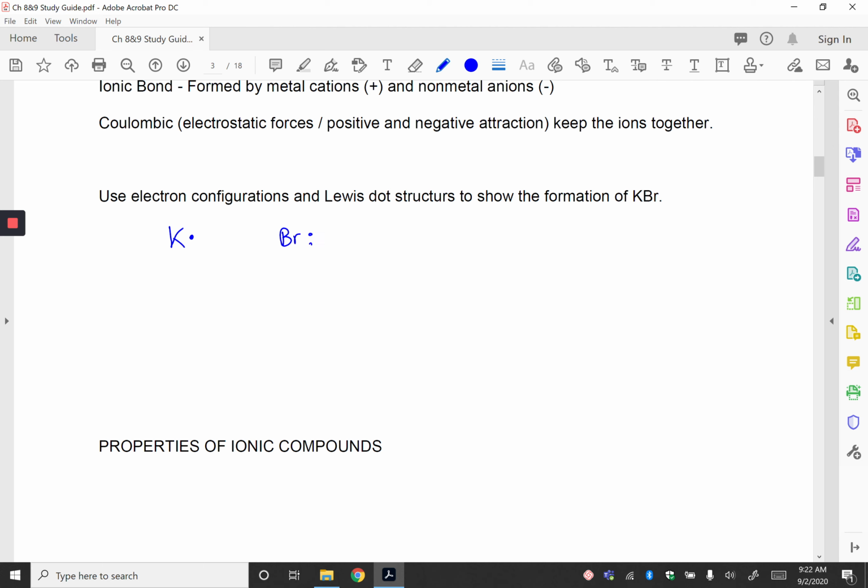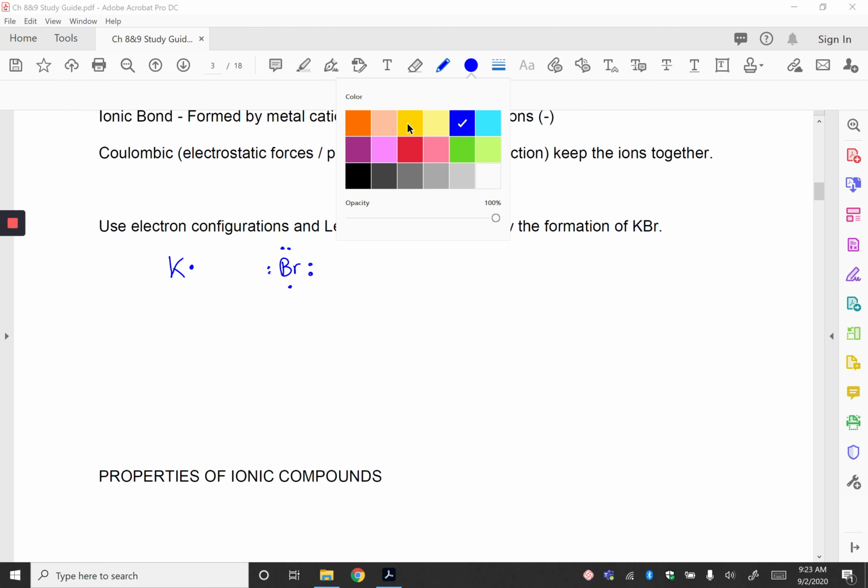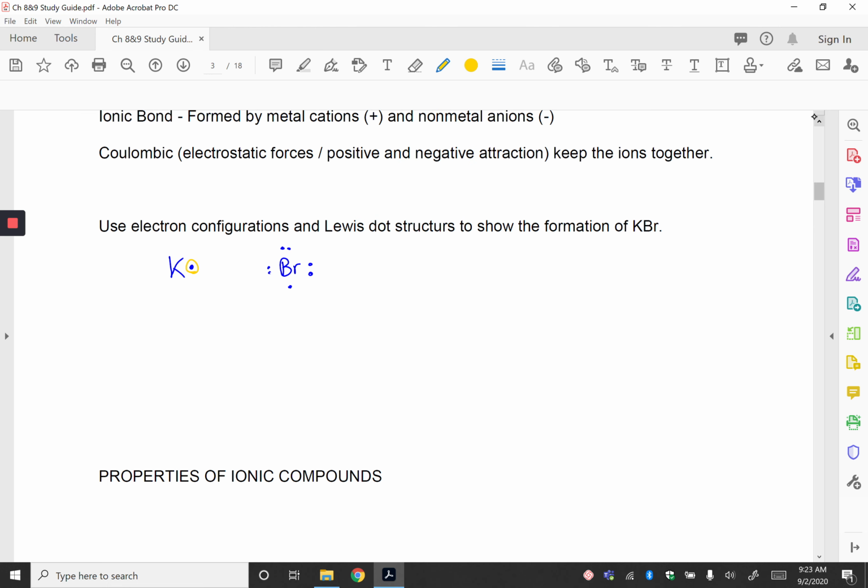The Lewis dot structure for bromine has 7 valence electrons, so 1, 2, 3, 4, 5, 6, 7. And you can see that it would be nice if we can take this valence electron and move it there. That way they both have a noble gas configuration, basically.